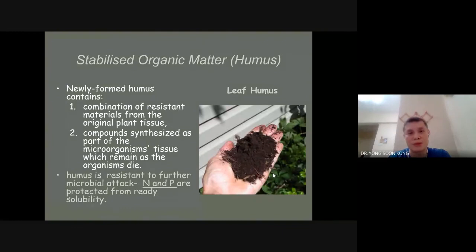Because the big parts were usually broken by larger organisms like earthworms, centipedes. Now, the last stage of the decomposition usually is handled by bacteria or fungus, microbes, okay?